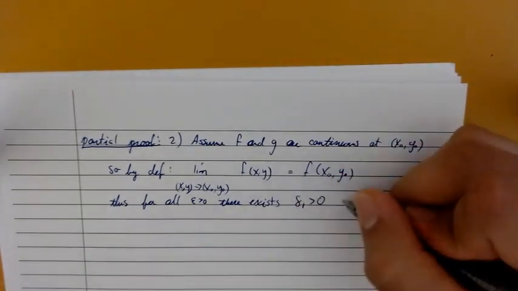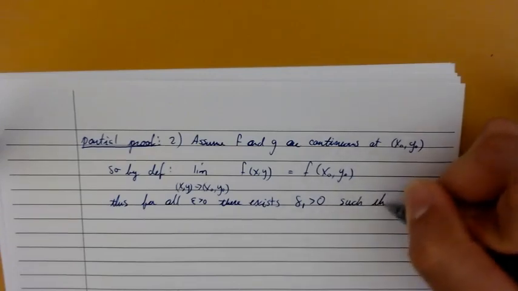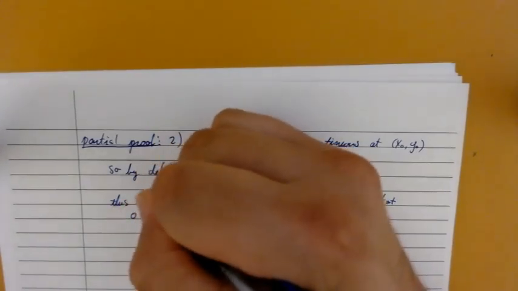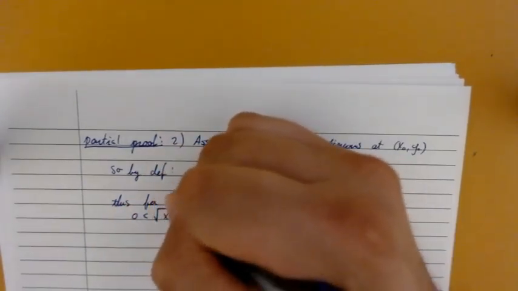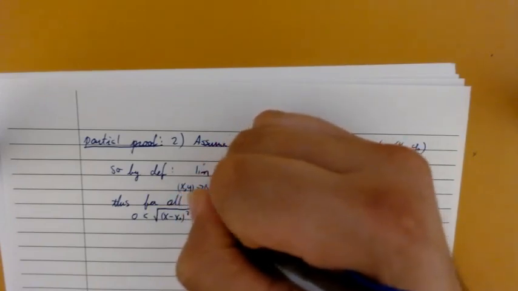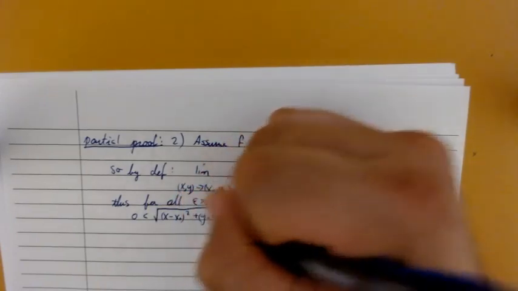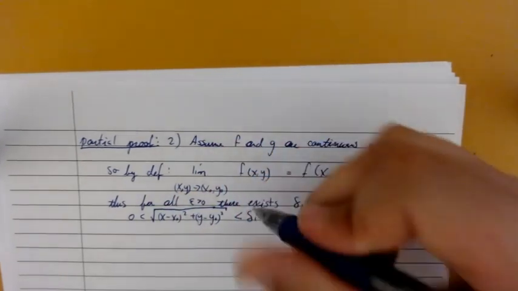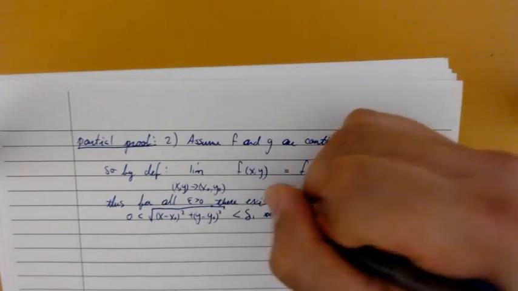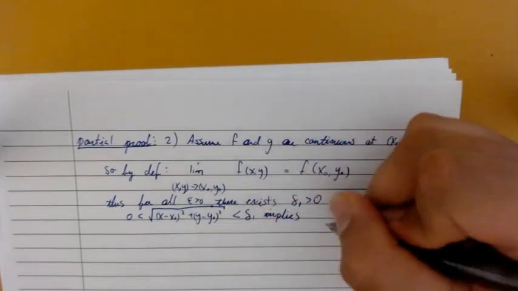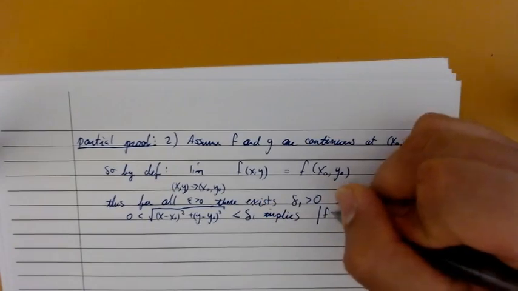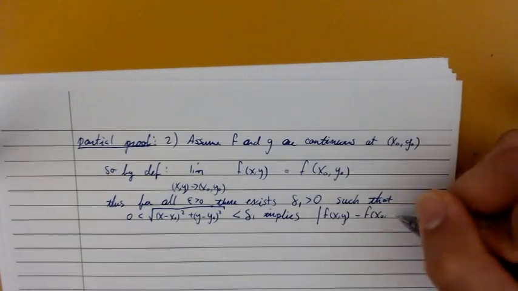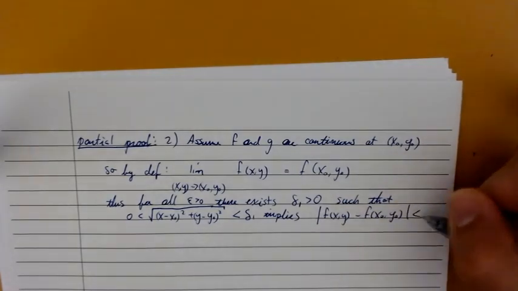Delta 1 greater than 0 such that 0 less than the square root of x minus x naught squared plus y minus y naught squared is less than delta 1 implies that the absolute value of f of x, y minus f of x naught, y naught is less than epsilon.